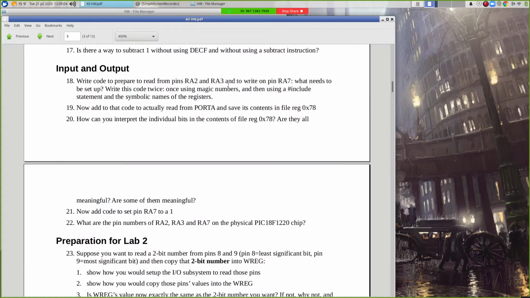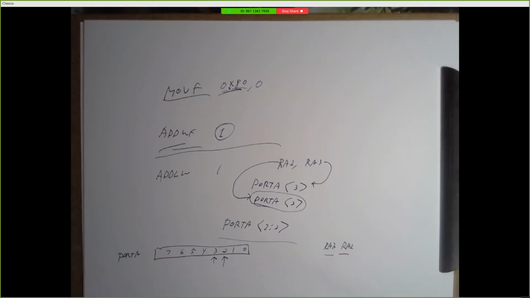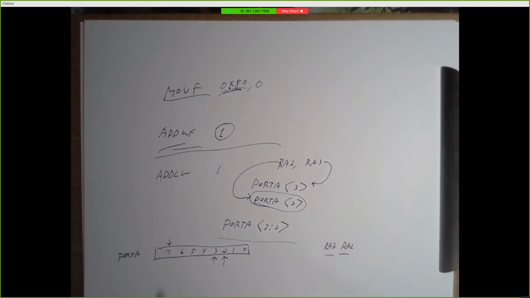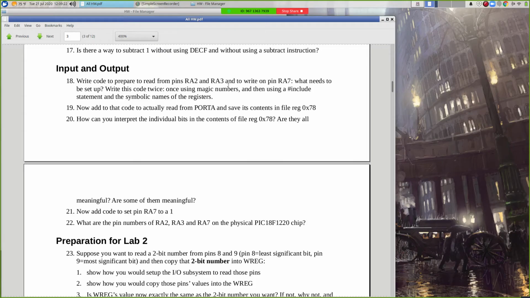Alright, so in this question, you're asked to set things up so that you can read from those two pins and write to pin RA7. So you're going to write to this, and you're going to read from those two. And it's asking you what needs to be set up.